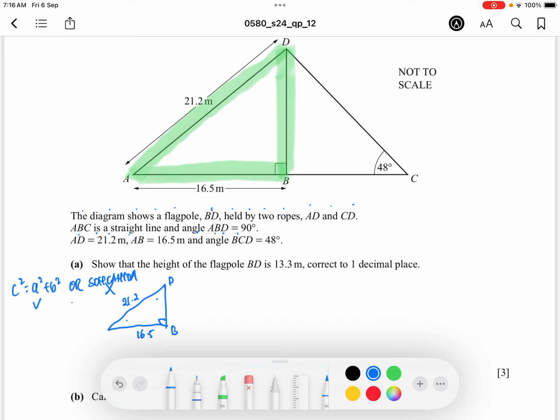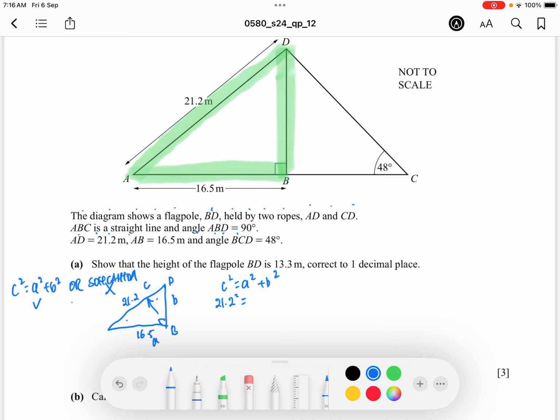For Pythagoras theorem, we label the side opposite the right angle, that is always the c. That's a and then that's b. So writing down the formula, c squared equals a squared plus b squared. c squared is given, 21.2 squared. Just substitute.